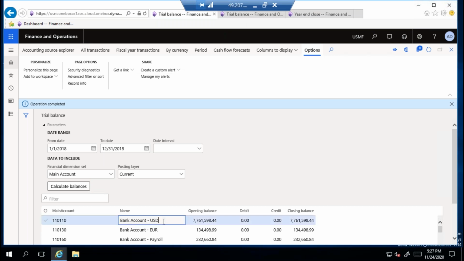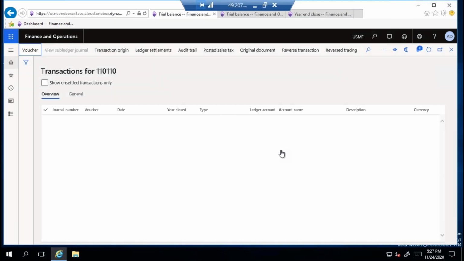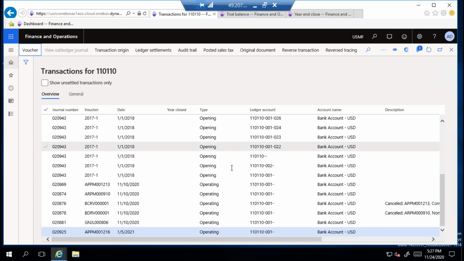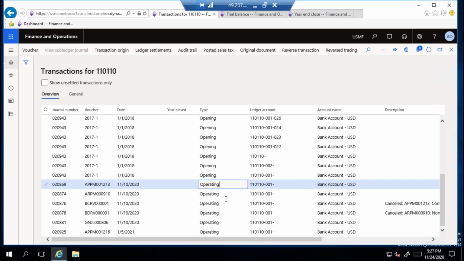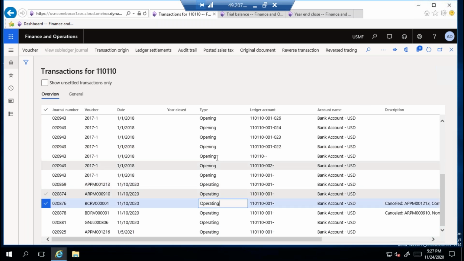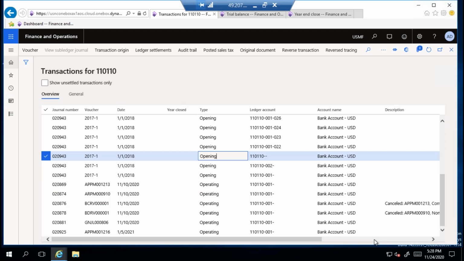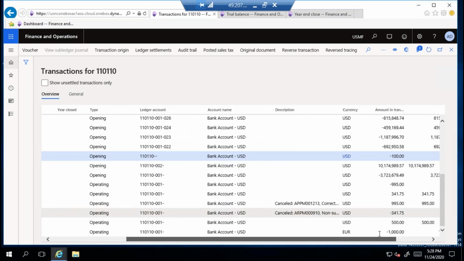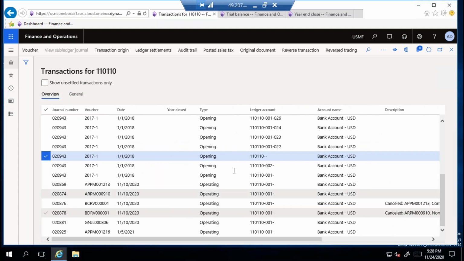So if you want to understand a little bit, let me show you all transactions here. So you can look at this one, operating. Operating means you have entered. Opening means system generated balances. Understood? Opening, this is operating.